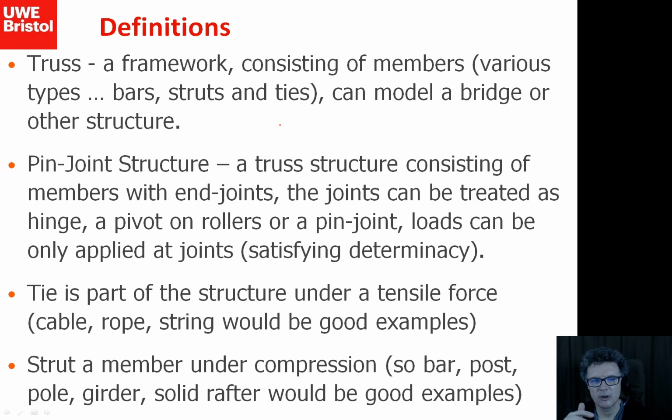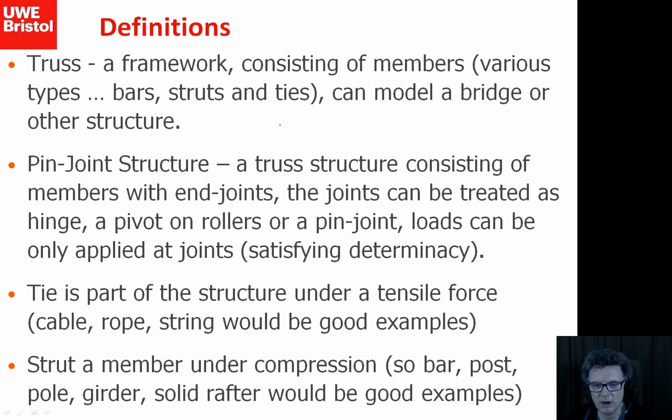Now, the things that form my truss, so my members, so typically I would have maybe 3 bars come together, and depending how you apply the force, they'd probably have 2 struts at the top and 1 tie along the bottom.